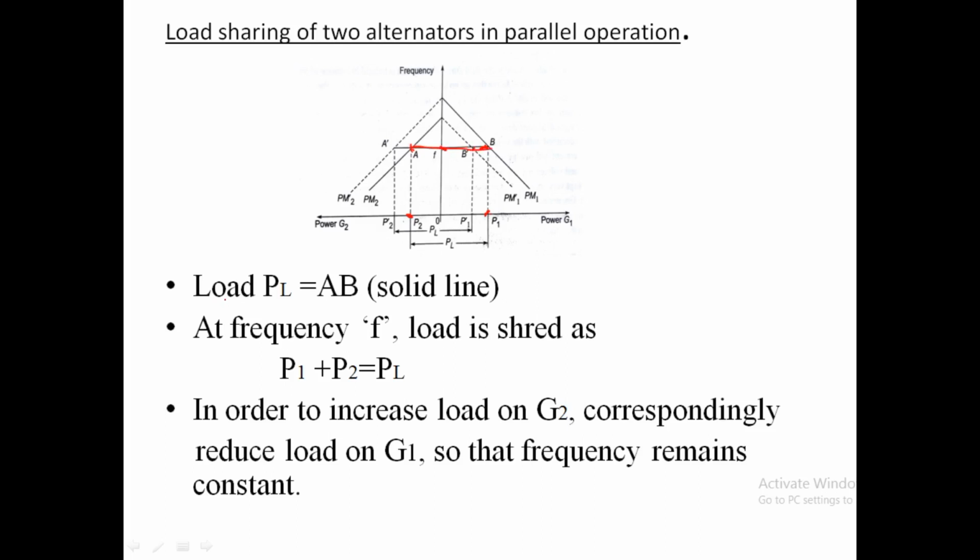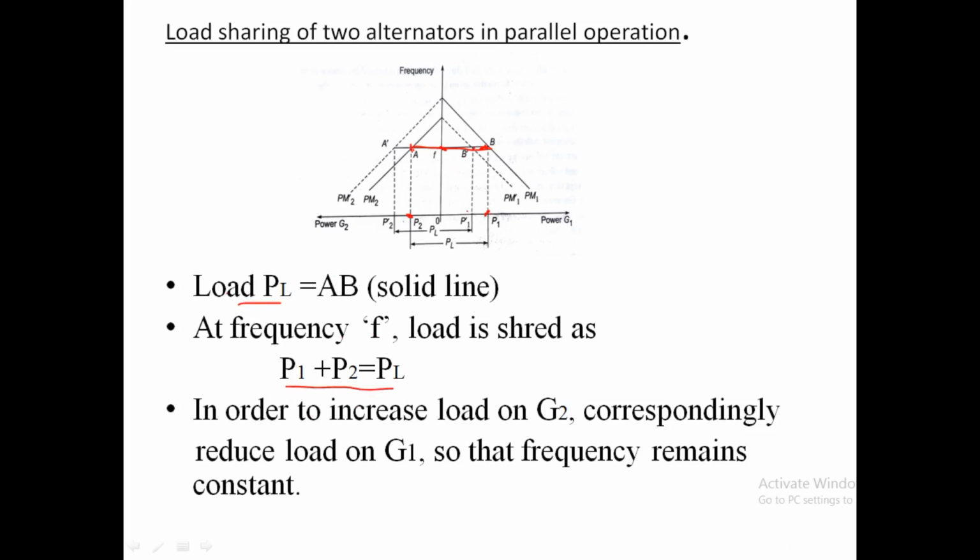So the load PL, that is the required power, is equal to AB. That is the line we have drawn with this red pen. So this AB is representing the required power PL. At a frequency f, load is shared as P1 plus P2 equal to PL.